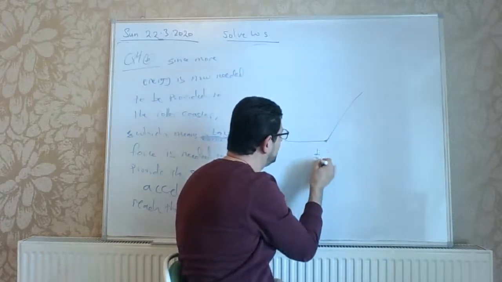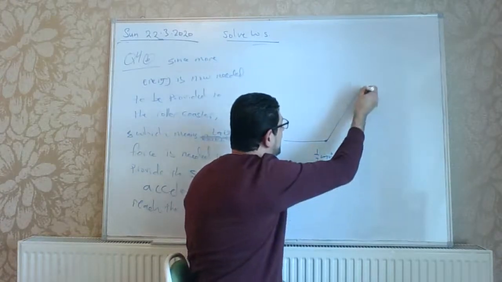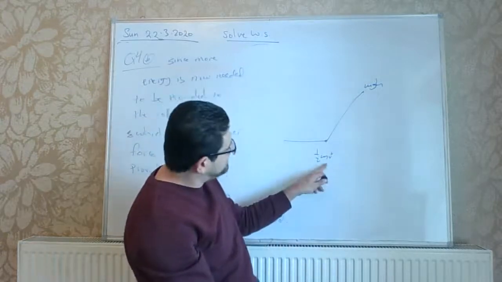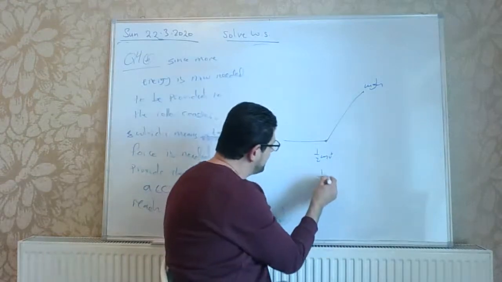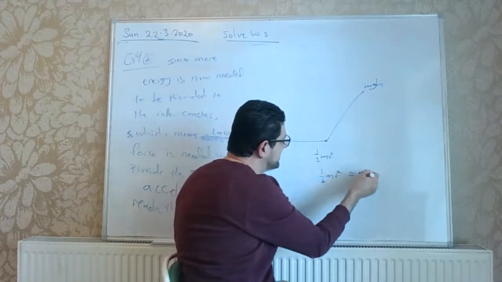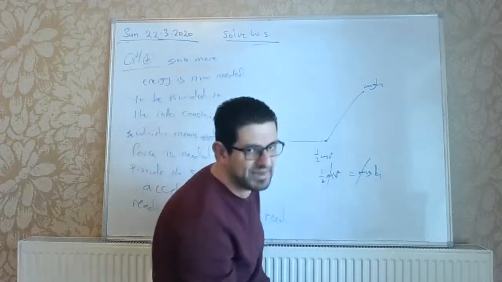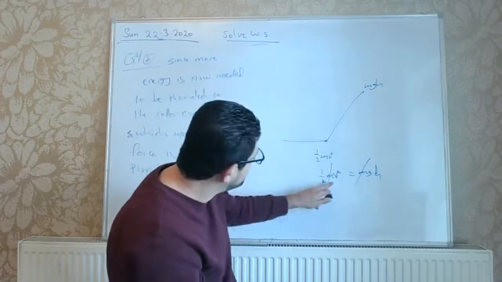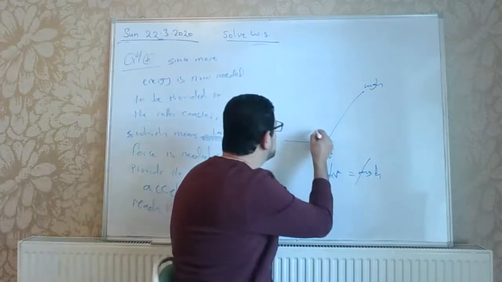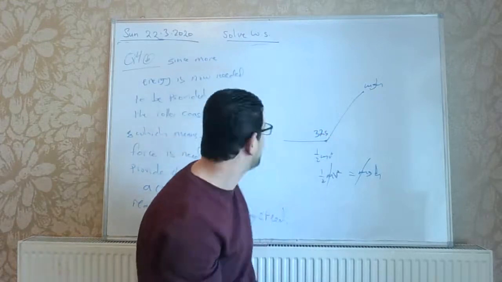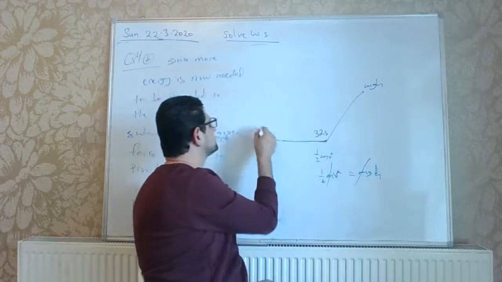Here half mv squared, here mgh. If it's a bigger mass, half mv squared equals mgh. Masses cancel out, so it doesn't matter how much the mass is. The problem with the mass is that the speed here will not reach 37.5 as before if you are using the same force.